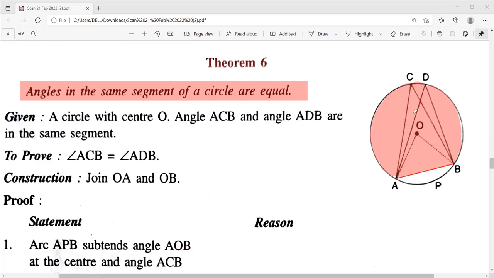What is this? It is one segment. It is the major segment.